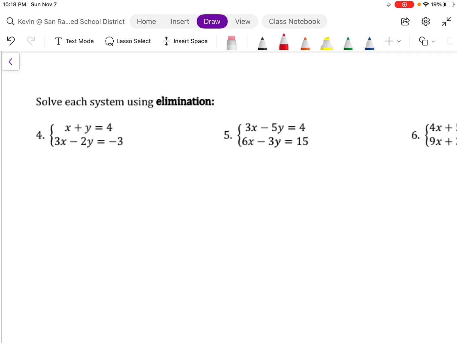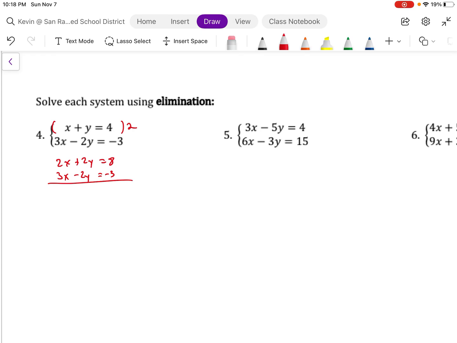Because right now, if I were to add x plus 3x, I'd get 4x. Y plus negative 2y is just going to give me negative y. So I didn't eliminate any of those variables. With the first equation, I'm going to multiply everything by 2. That now gives me 2x plus 2y equals 8. My other equation, keep that intact.